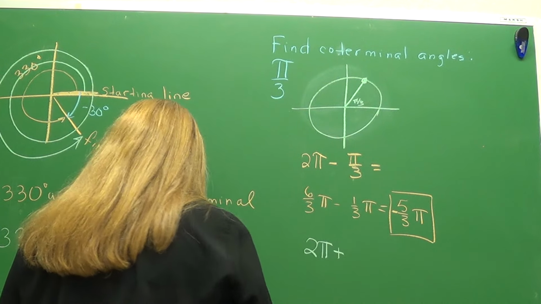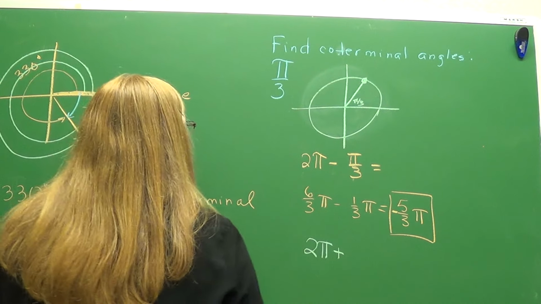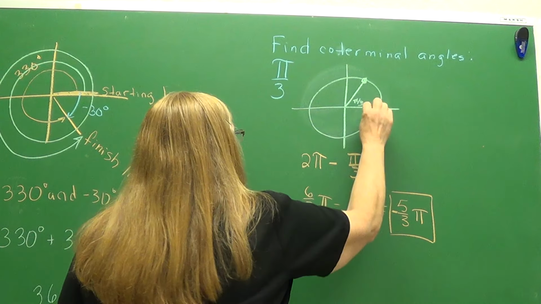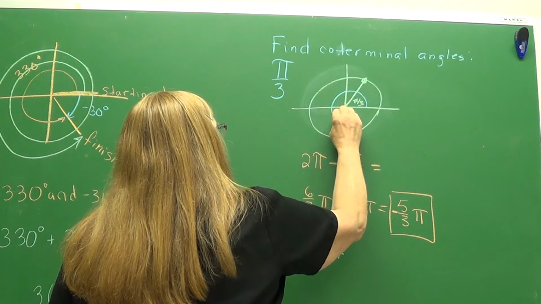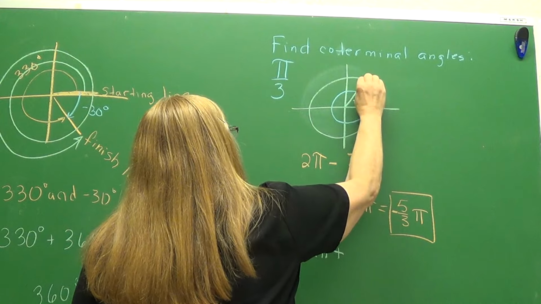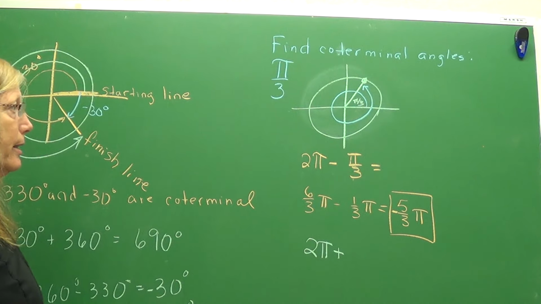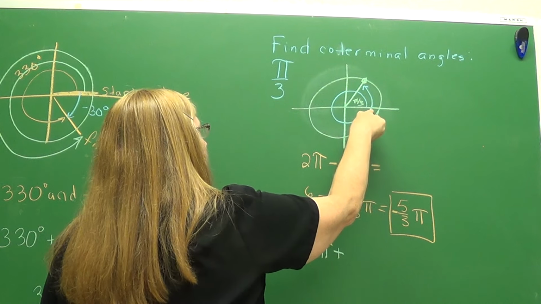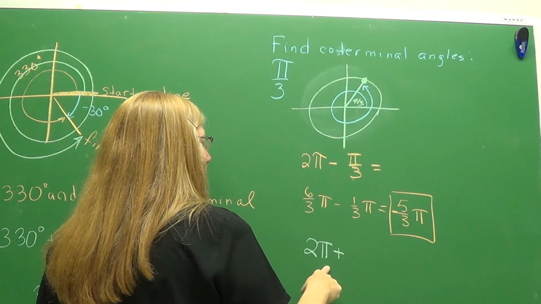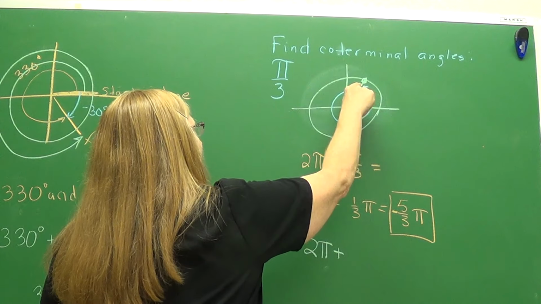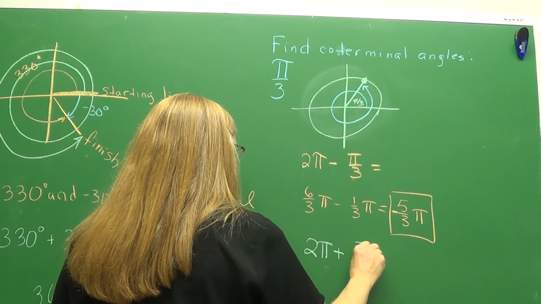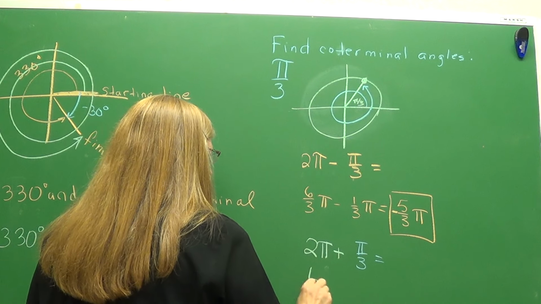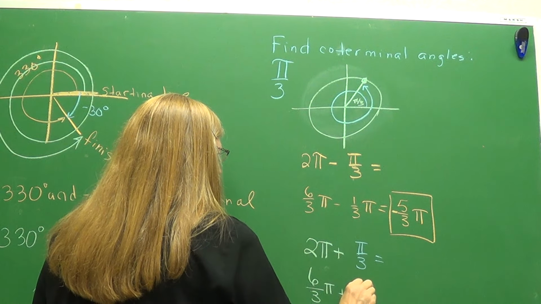And now I want a positive one. So I'm going to start here, and I'll do this one in blue. And I'm going to go in the positive direction like that. So I had the same starting line, the same ending line. So how do I get its value? Well, I went around one whole circle, 2 pi radians, and then I overlapped another pi over 3. So how do I add that? Again, 2 is 6/3 using common denominators.